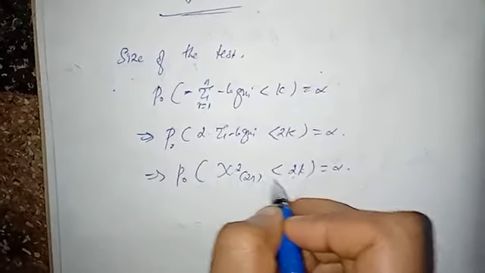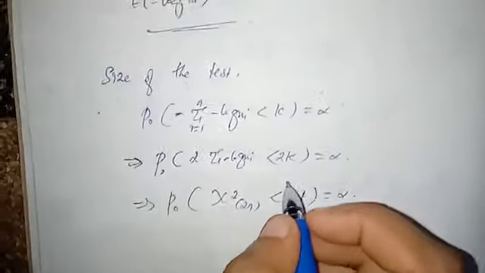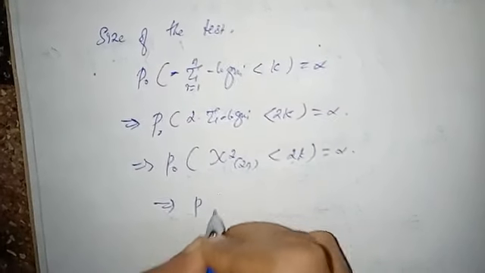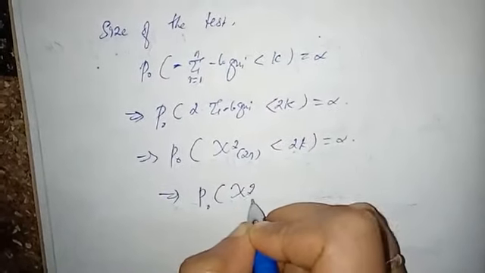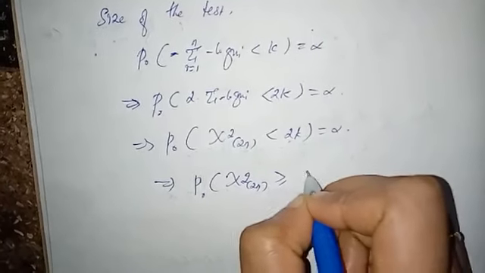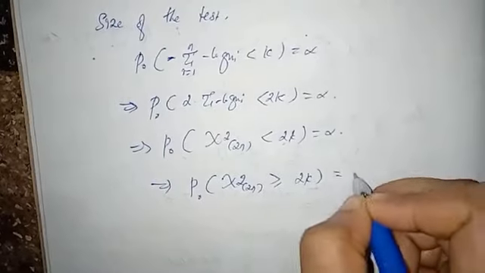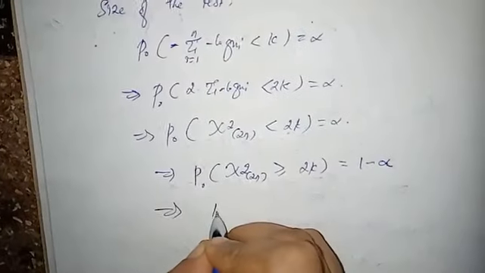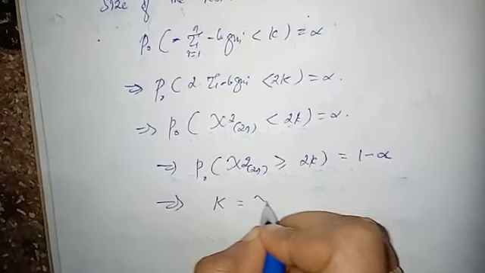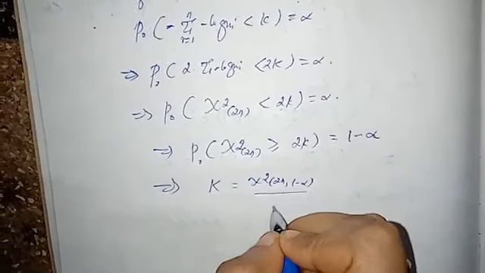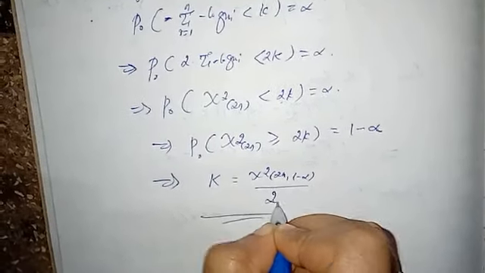Here the sign is less than, so we need to make it greater than. That is, the probability of chi square 2n greater than or equal to 2k equals 1 minus alpha. Then the value of k is k equal to chi square 2n at 1 minus alpha, divided by 2. This is the value of k.